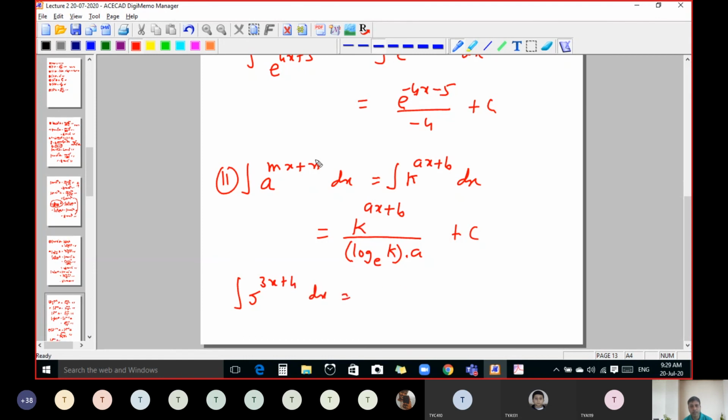The answer is 5 raised to 3x plus 4 upon log 5 base e into coefficient of x is what, 3 plus c. So you can write the answer like this, 5 raised to 3x plus 4 upon 3 into log 5. If you write only log 5, it's okay, because here base is by default considered as e, plus c.